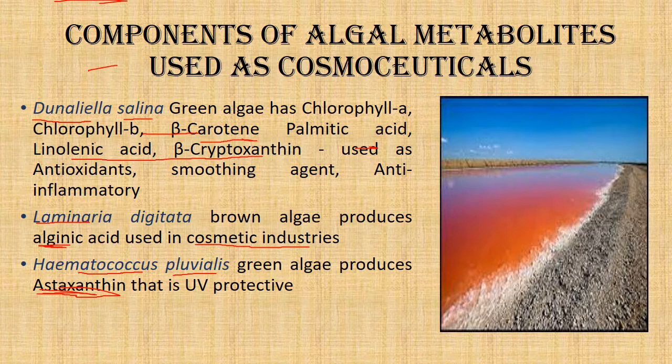Especially in Haematococcus pluvialis, there is the carotene astaxanthin, which is a ketocarotene, and it is found in great amount in Haematococcus. Now one thing I should say, this astaxanthin has the strongest antioxidant property among all the carotenes. So this property is used in UV protective products, that is sunscreens, sheet masks, and all other products.